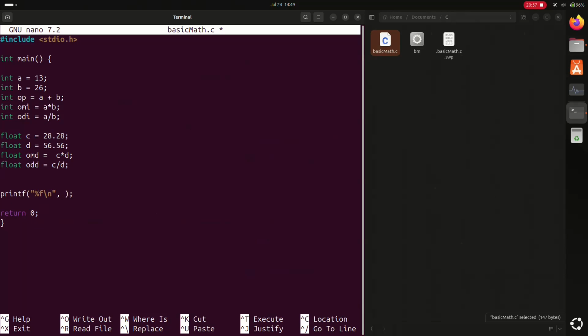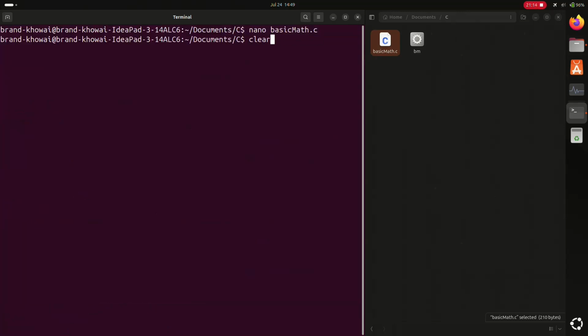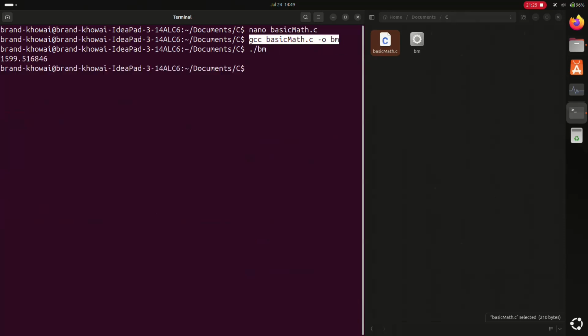Now if I print the output of multiplication of decimals, because here it is already written percentage f, I have to write omd. It will print out c multiplied by d. Control X, Y, enter. Again, we have to press Control S in VS Code, that means compile. This is the compilation code. Press enter. Now run it. Running it gives me the correct answer.